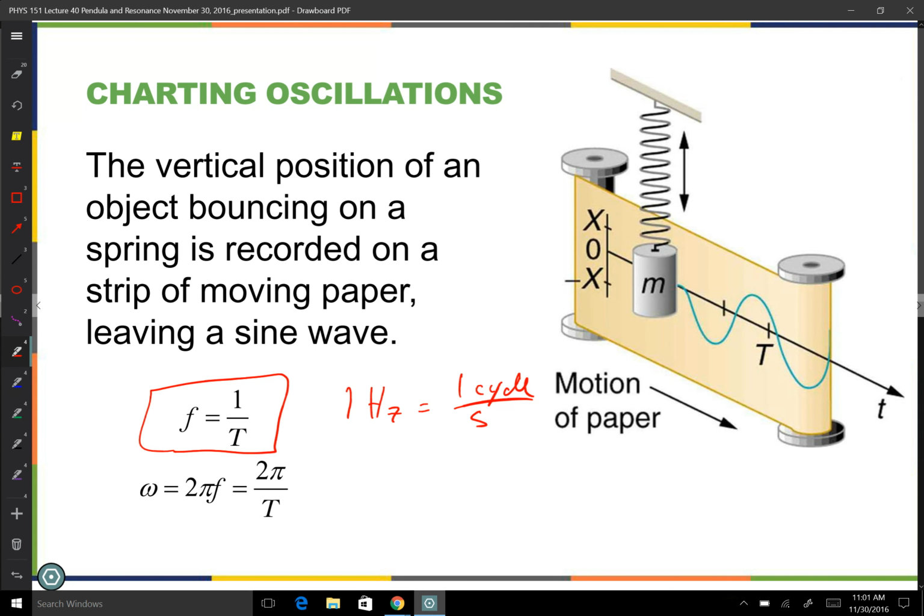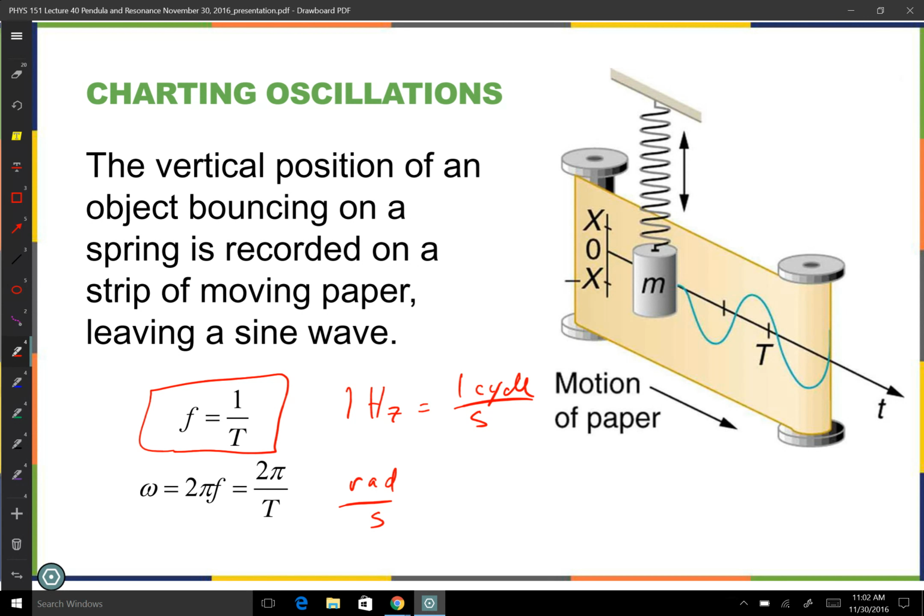And then we had the angular frequency, which is exactly the same symbol as our angular velocity, because it functionally is the same thing. The angular frequency is 2 pi times the frequency. Why 2 pi? Because there are 2 pi radians in a circle. And so the units of this are radians per second.